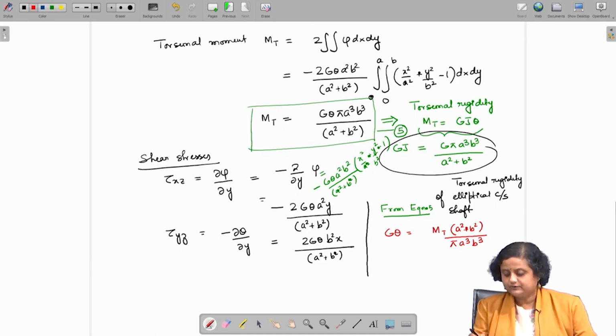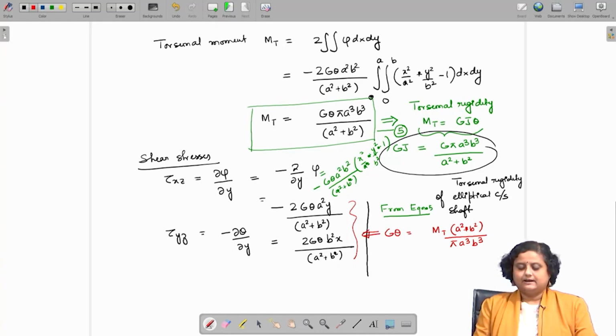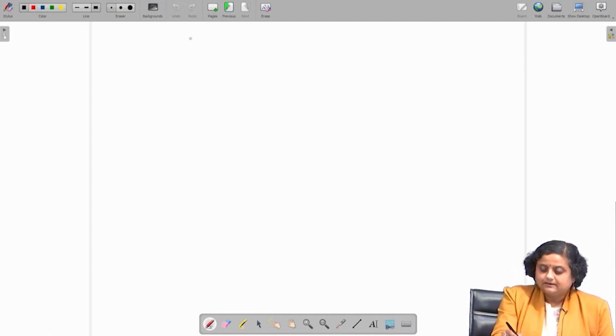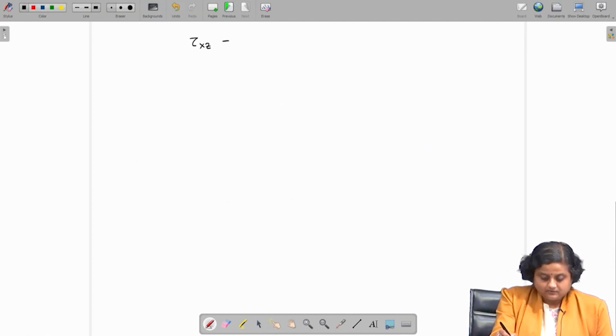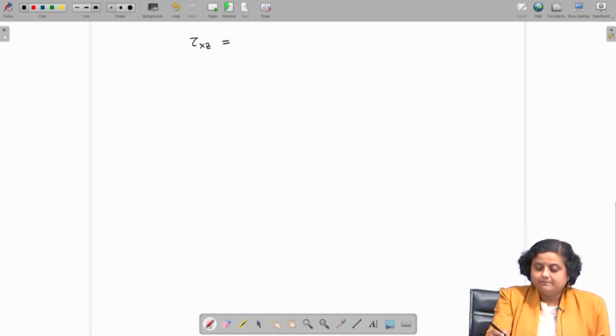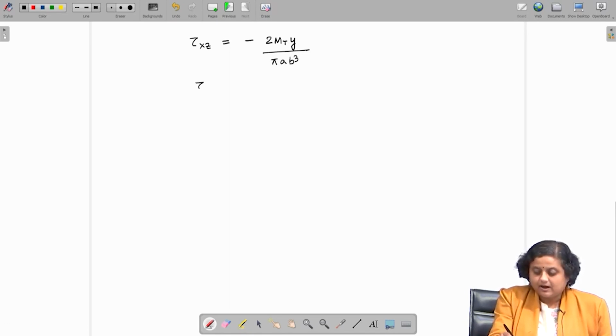Now, if we plug this expression into the expressions for tau xz and tau yz, tau xz is going to be minus 2 Mt y by pi a b cube, and tau yz is going to be 2 Mt x by pi a cube b.